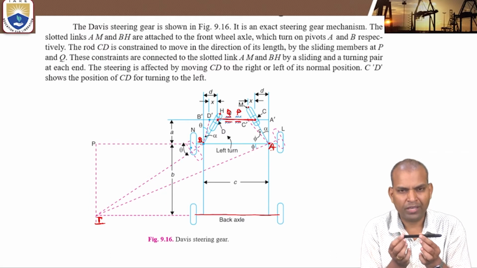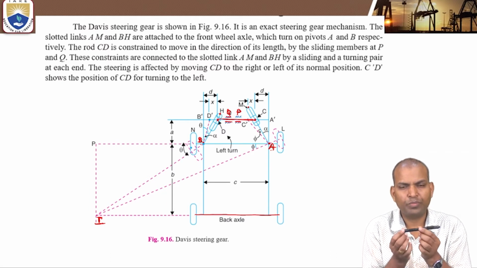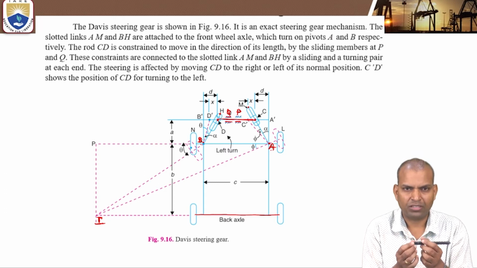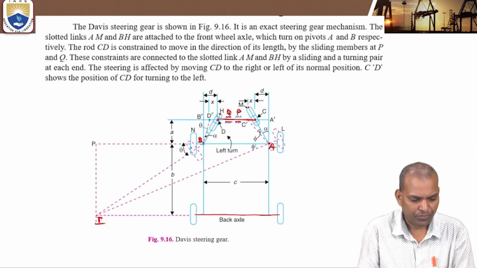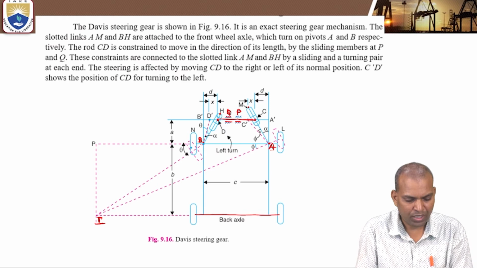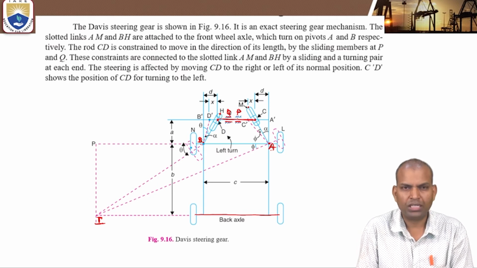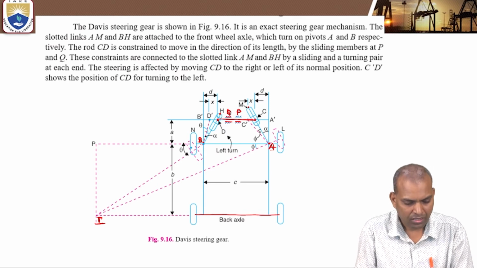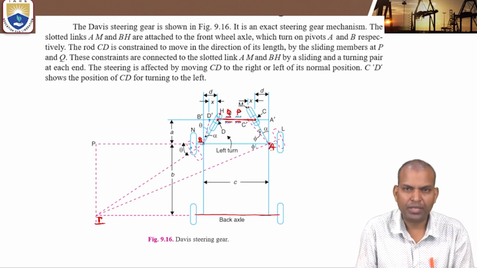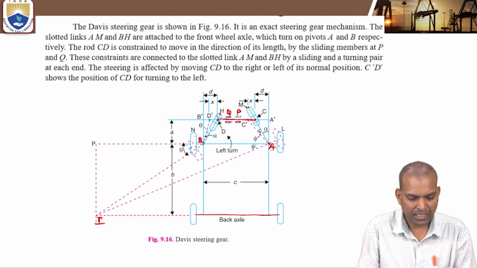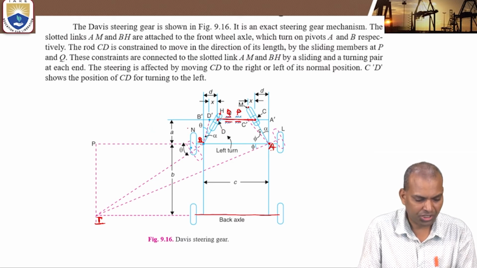It won't be derailed from that slot. These constraints, P and Q, are connected to the slotted links AM and BH by a sliding and turning pair at each end.